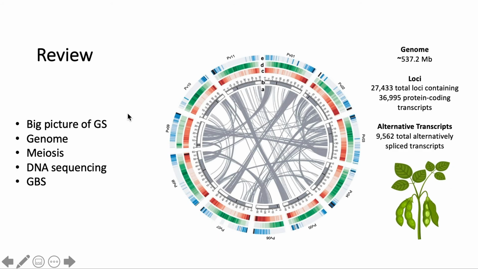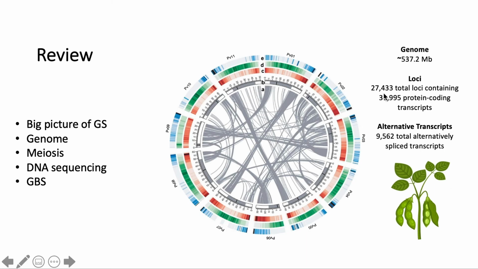So as a summary, hopefully you have in your mind the big picture of genomic selection. It's really important that you remember that genomic selection is just another tool that we can use in plant breeding. It's not going to remove conventional breeding. The genome in common bean is kind of small, and in total we have around 27,000 loci that produce different proteins.